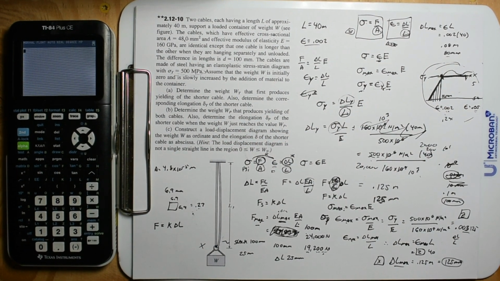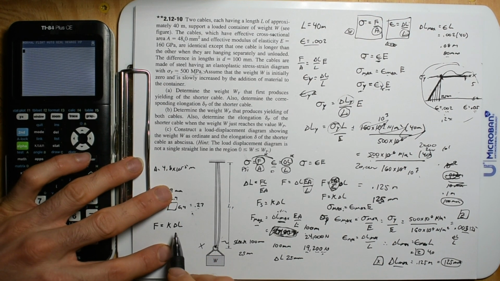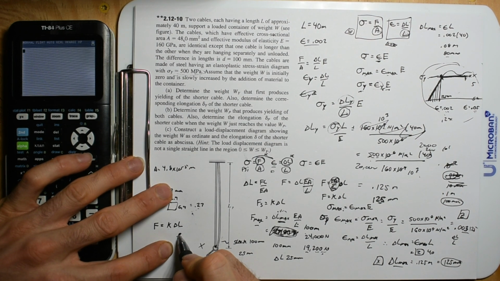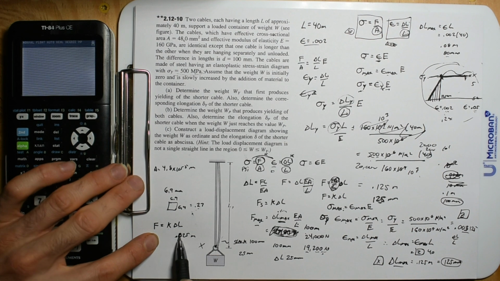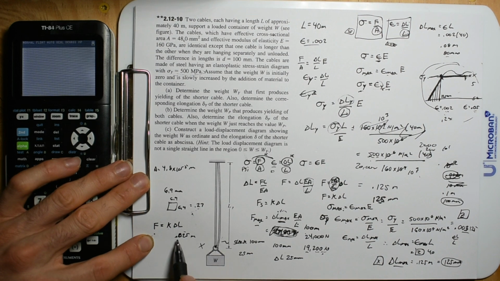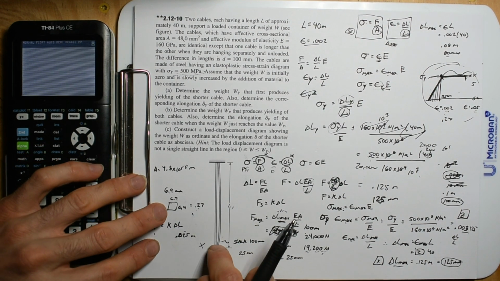All right, hell yeah. So these cables are just springs where they follow this equation. If you change their length by 0.025 meters, which is 25 millimeters, you're going to pop out a force. But see how this is just a linear relationship? It doesn't matter if one cable is already stretched.